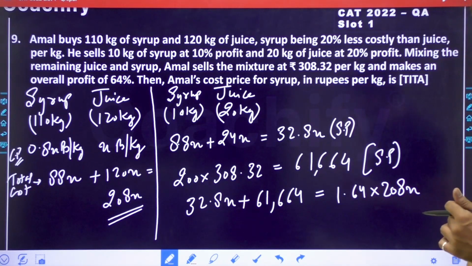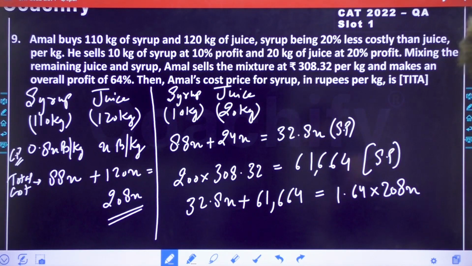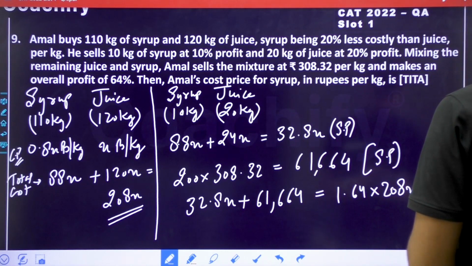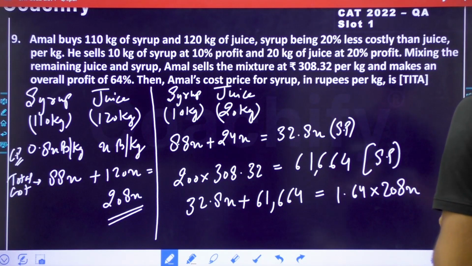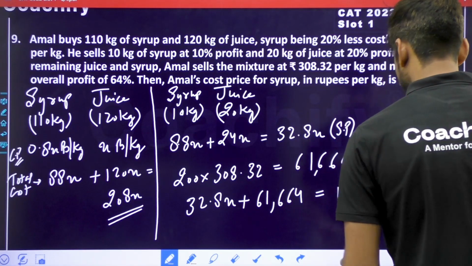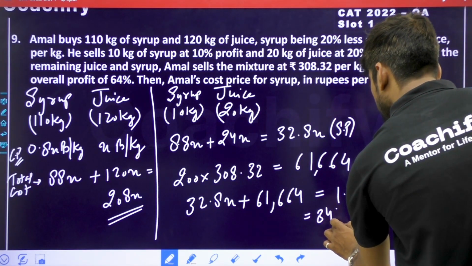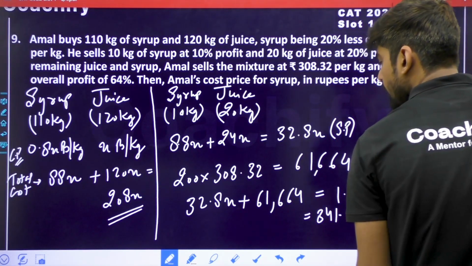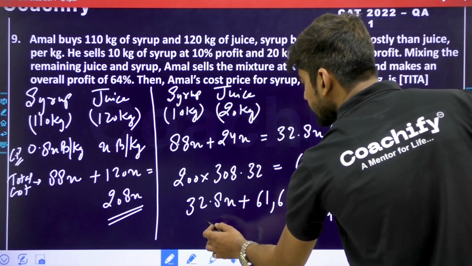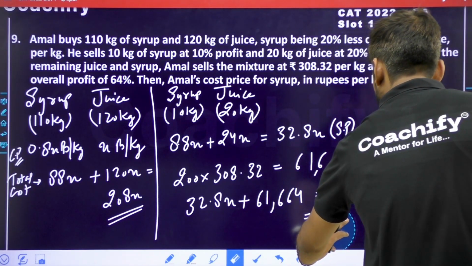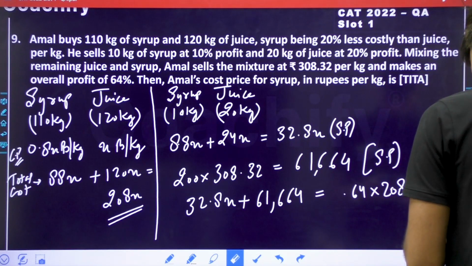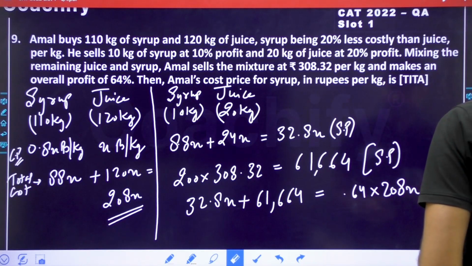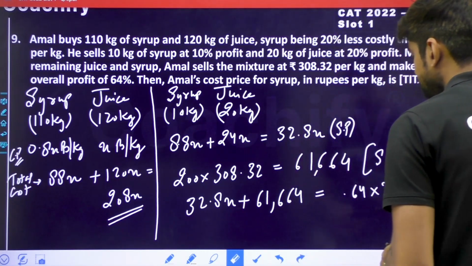Now I have to solve this and find the value of x first. So let's quickly solve it. 1.64 multiplied with 208 comes out as 341.12, and the left part is 32.8x. When you subtract 32.8x from it, the result is 308.32x.